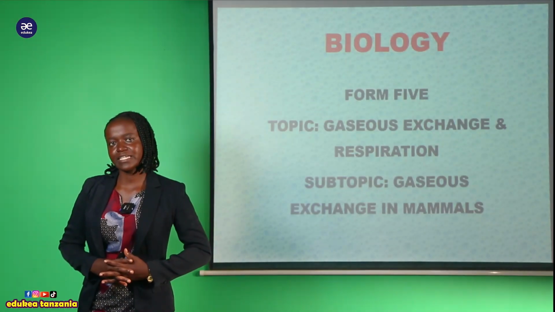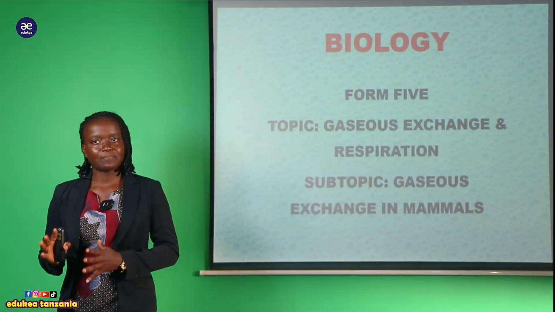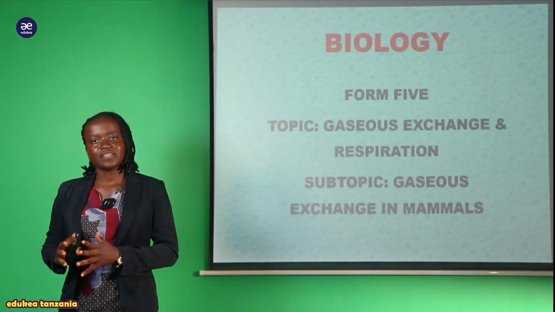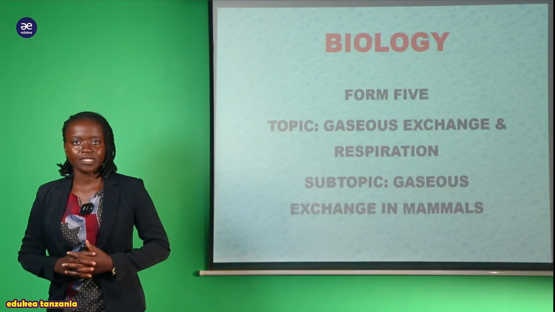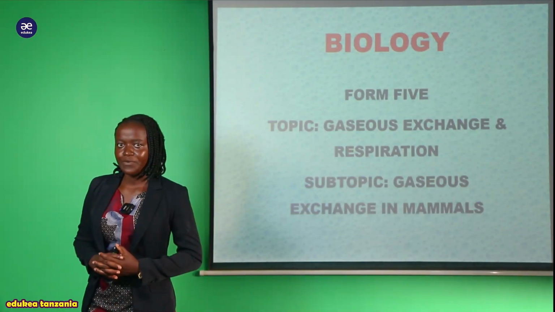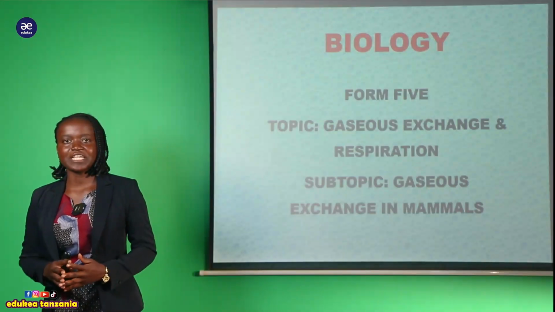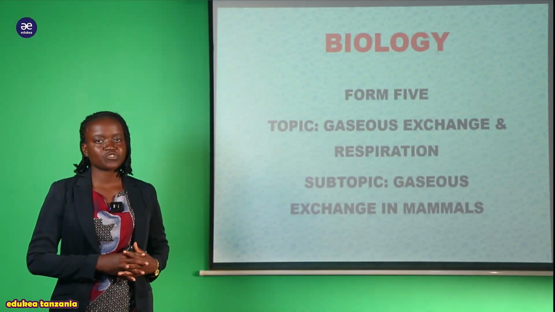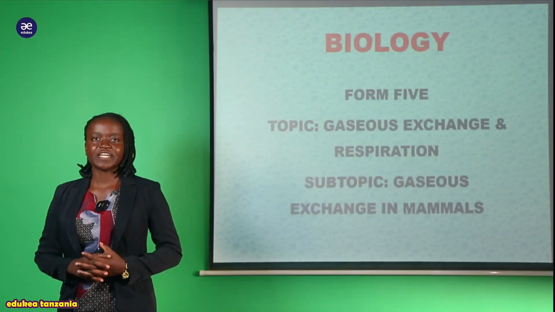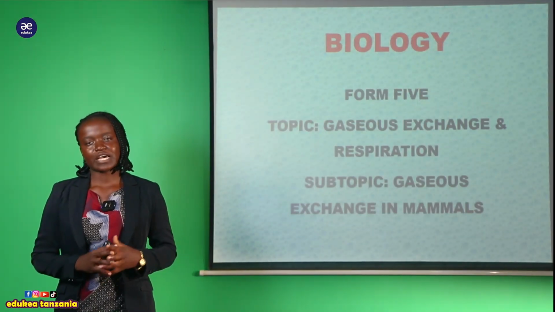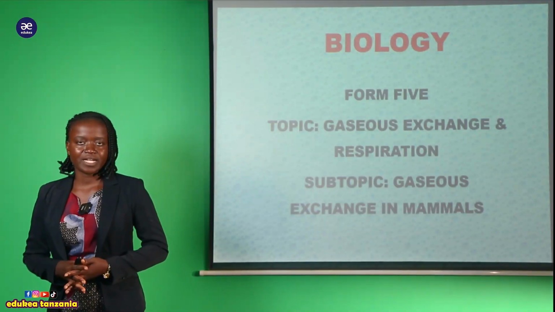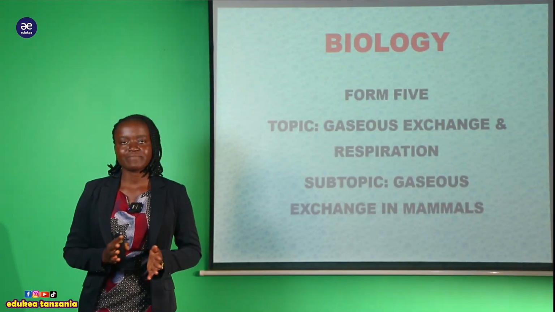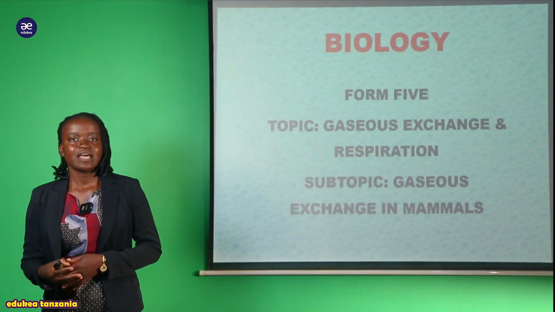So my students, as usual, before we proceed further, we have to recall where we ended in the previous session, where we saw a little introduction on oxygen and carbon dioxide transportation in vertebrates. We saw examples of vertebrates: mammals, reptiles, birds, fish, and amphibians.